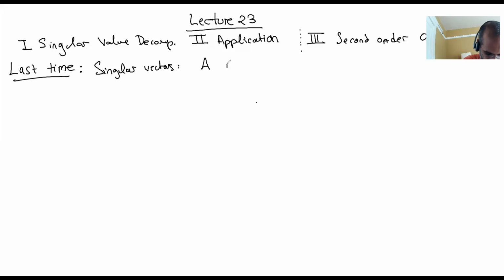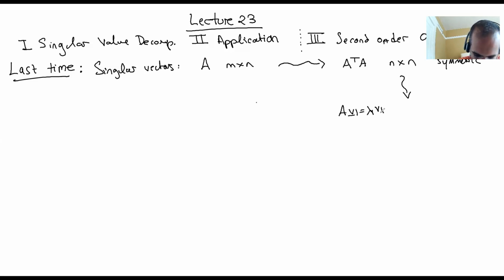So if you have an m by n matrix A, then you form this n by n matrix A transpose A. And then because that's a symmetric matrix, by the spectral theorem, it has an orthonormal basis of eigenvectors, right? So A v1 equals lambda 1 v1 all the way up to A vn equals lambda n vn for some v1 through vn, an orthonormal basis of R^n.